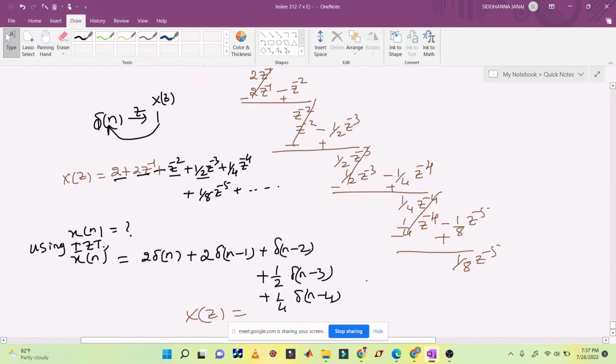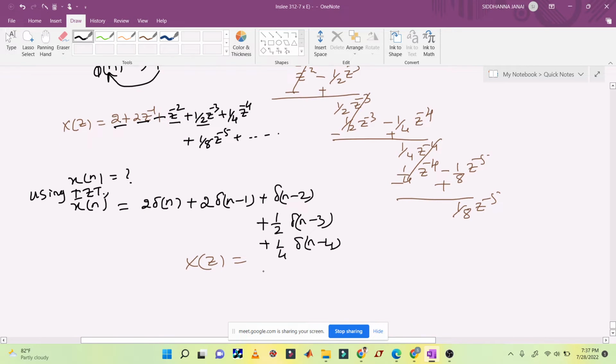So it is an infinite series which goes like this. Okay, and in the sequence form, how we can write? 2 comma 2 comma 1 comma 1 by 4, 1 by 8, 1 by 16 up to infinity, and this is the origin.